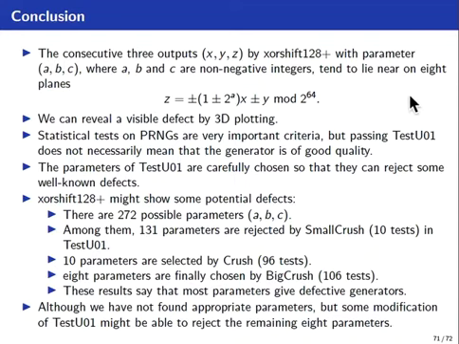Xorshift128+ is designed by choosing parameters to pass BigCrush. However, we can reveal a visible flaw. Of course, statistical tests on pseudorandom number generators are very important, but it seems risky to select parameters or design PRNGs by means of statistical tests. Thank you for your attention.